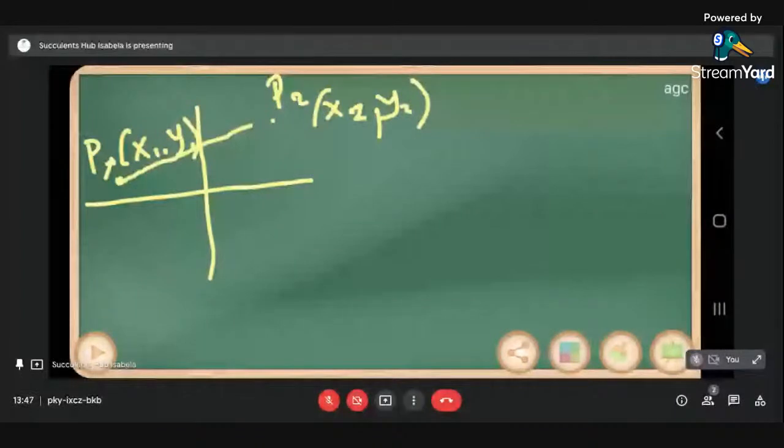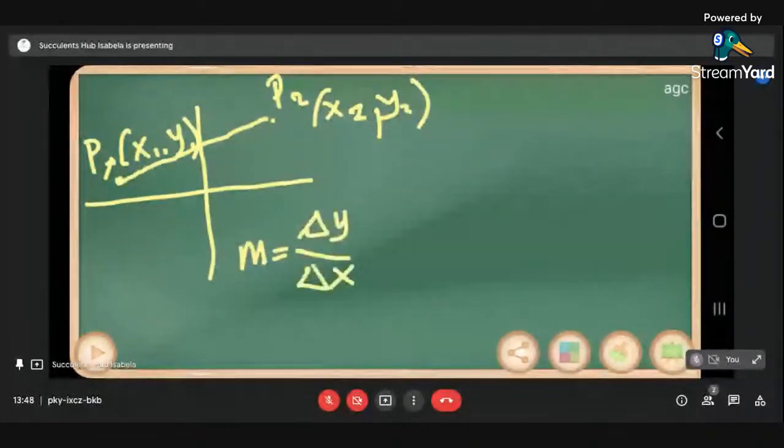And we know that if we solve for the slope of the line from P1 to P2, m is just the change in y over the change in x, diba?